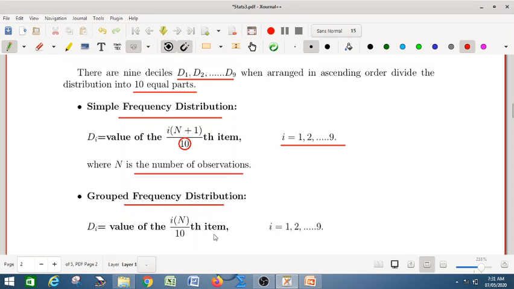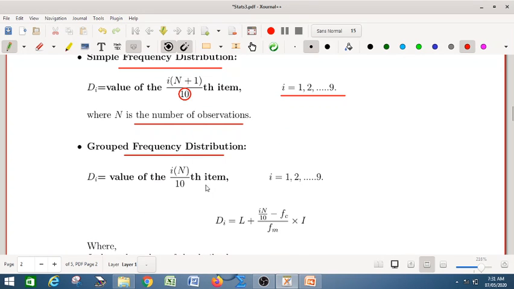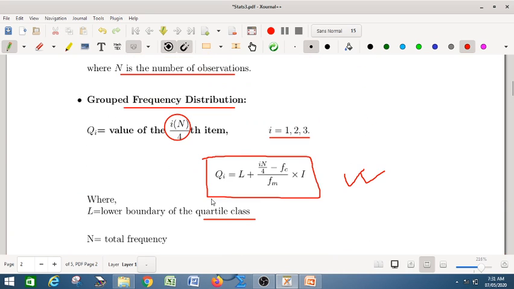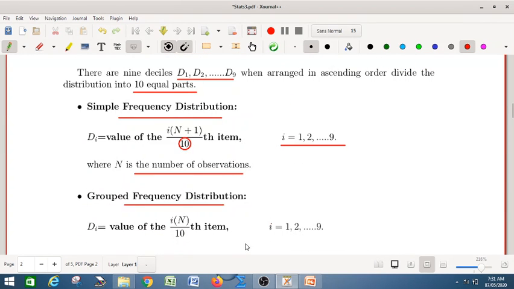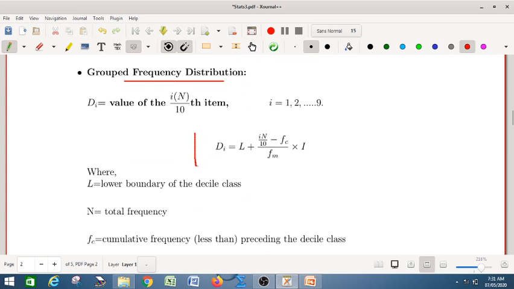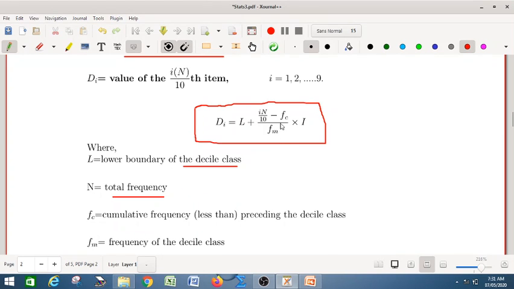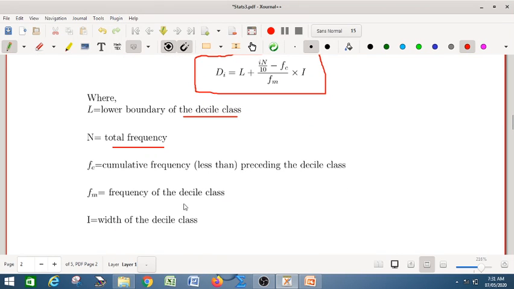For group frequency distribution, the value of the i n by 10th item, same formula, in this case you have 4, in this case you have 10. So this is your decile, Di equal to L plus the same thing, (i n by 10 minus Fc) by Fm into i, where L is the lower boundary of the decile class, N is the total frequency, Fc is the cumulative frequency preceding the decile class, Fm is the frequency of the decile class, and i is the width of the class.